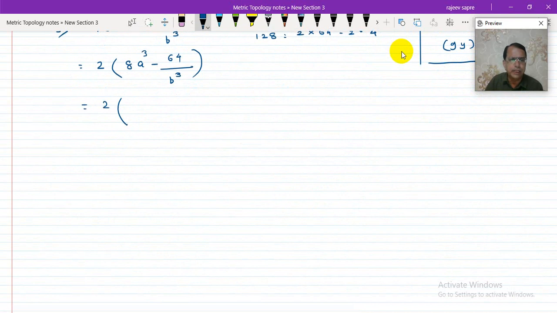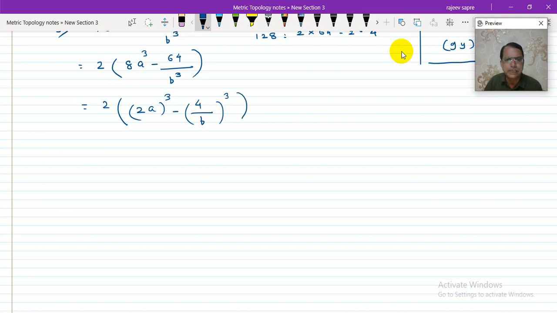So 8a cube is nothing but 2a bracket cube, and minus 64 you can write as 4 upon b bracket raised to 3, because 4 cube is 64. B cube is b cube. It is here.